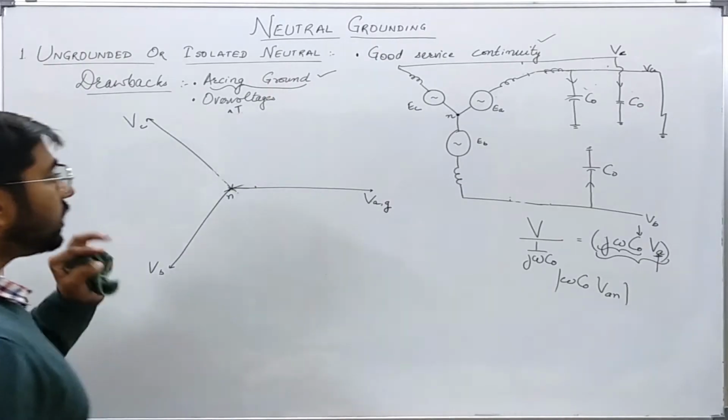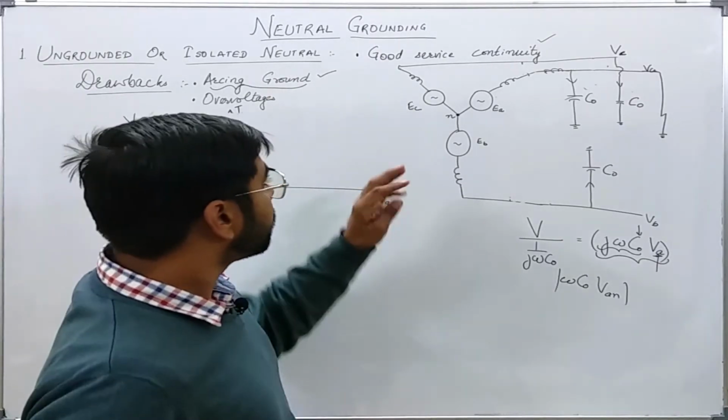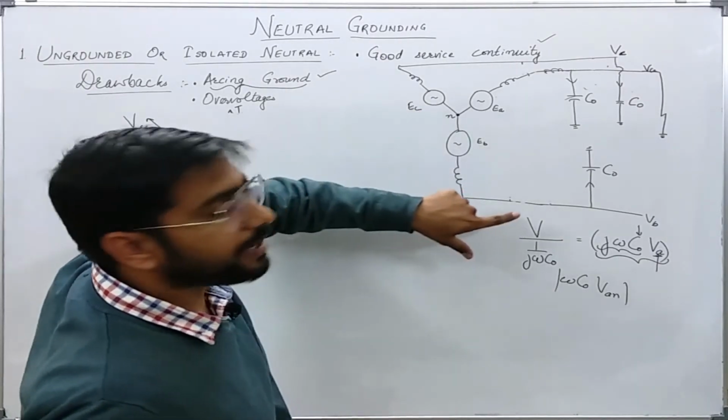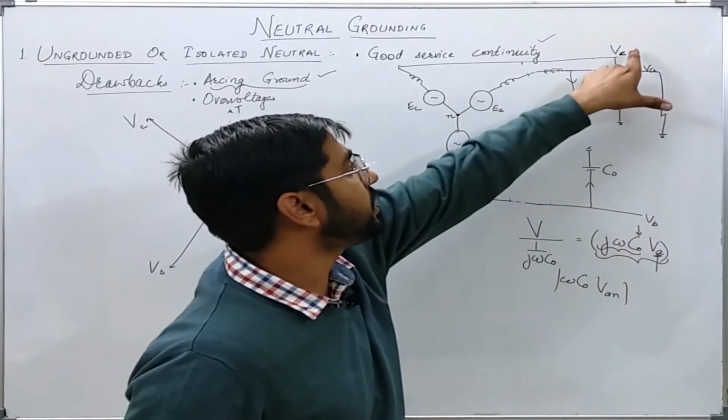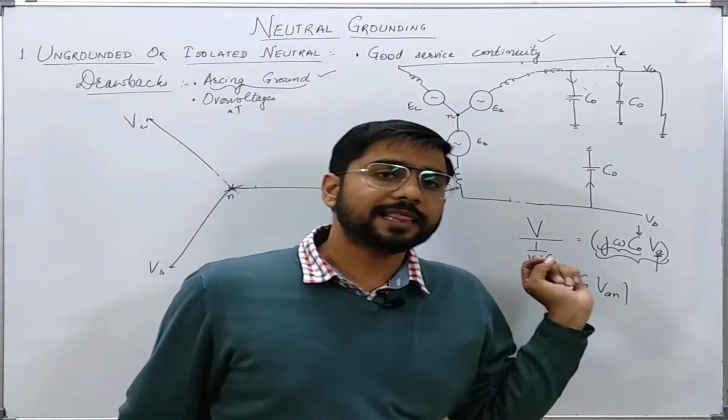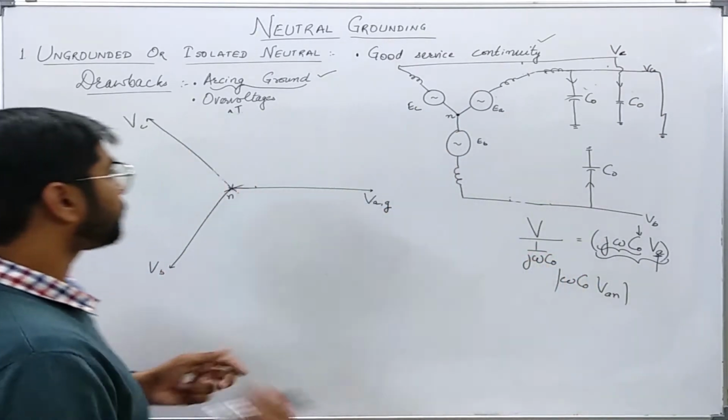Okay, so the potential of the healthy phases. Now what are those healthy phases? This is B phase and C phase. These are the healthy phases.